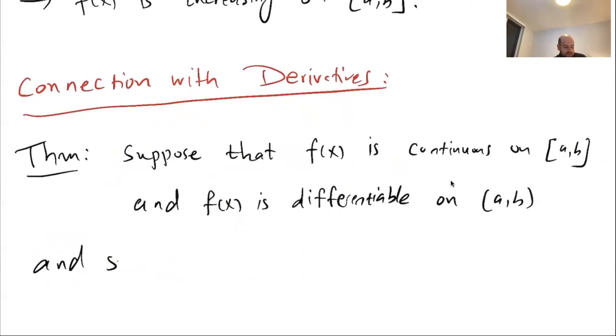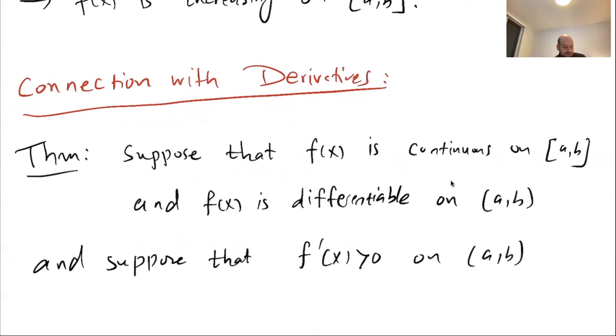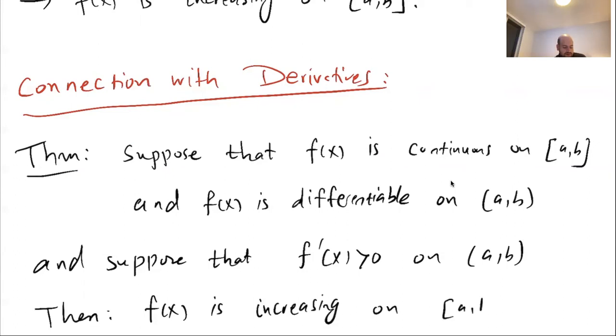And suppose that f prime of x is positive on a and b, then we can say that f of x is increasing on a and b, closed interval a and b.